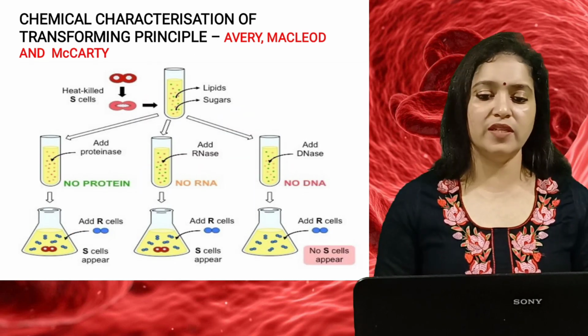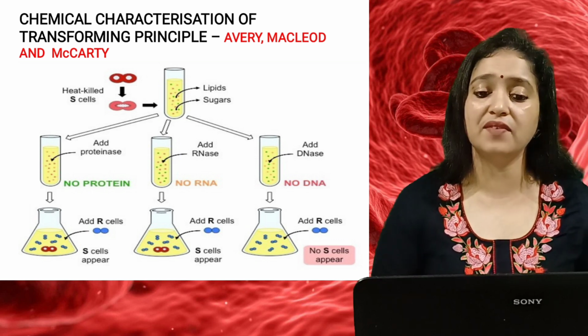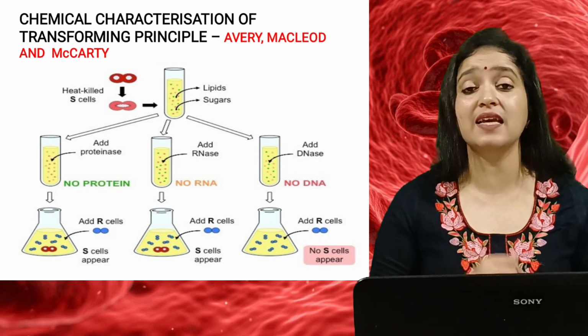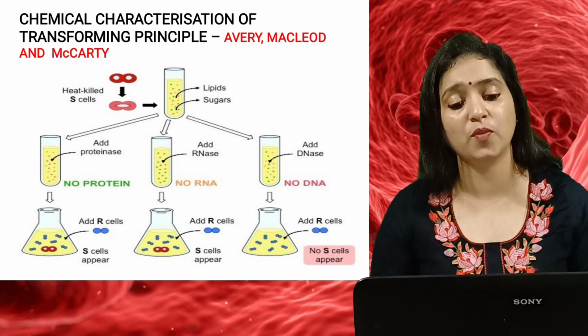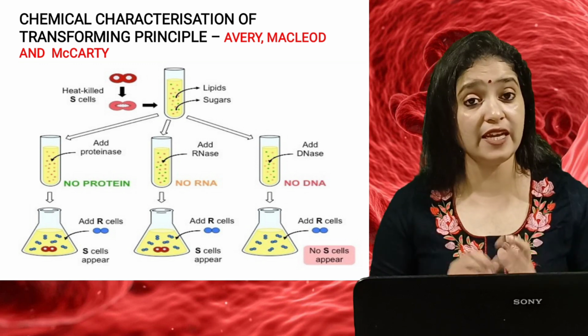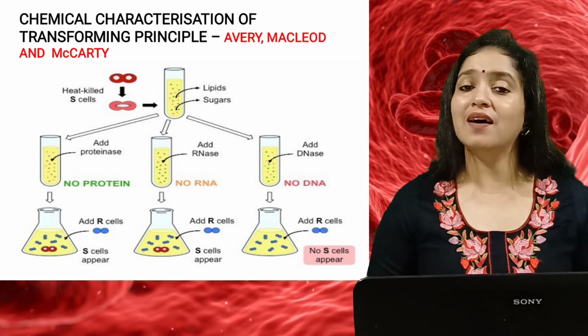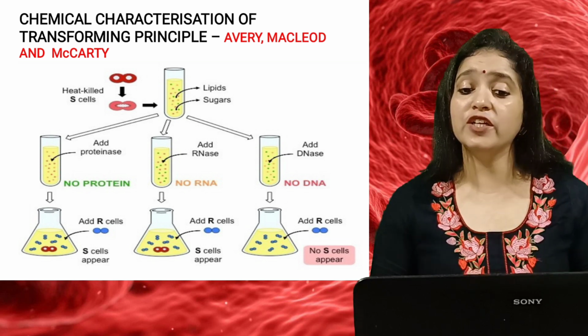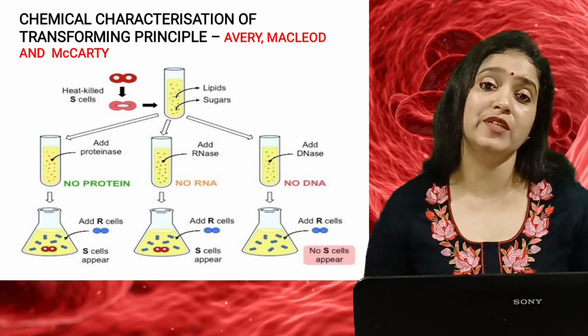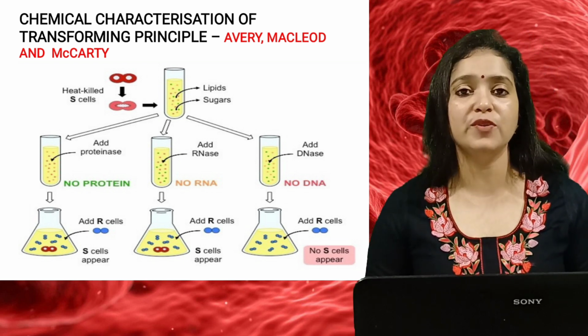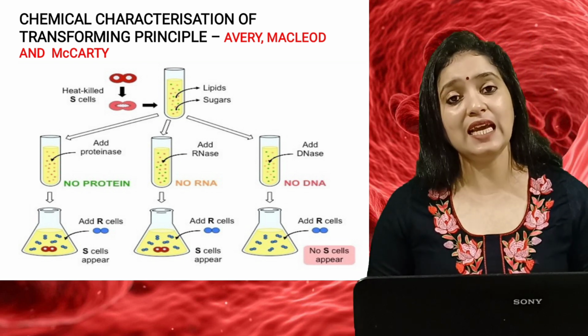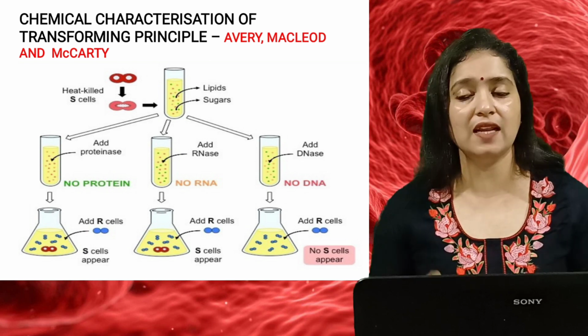And then the next experiment comes by Avery, McLeod and McCarty, the chemical characterization of the transforming principle. They have taken 3 enzymes, DNase, protease and RNase, in order to find out the reason for the transforming principle. And they found that DNA is the genetic material. How did they find out?